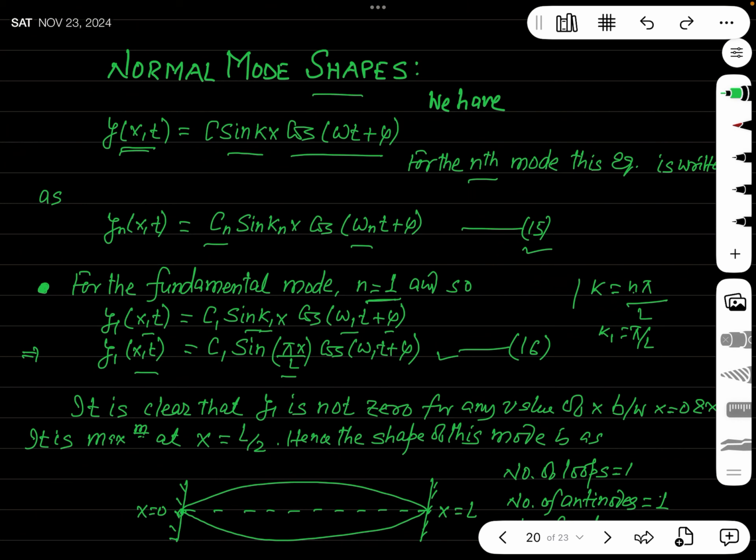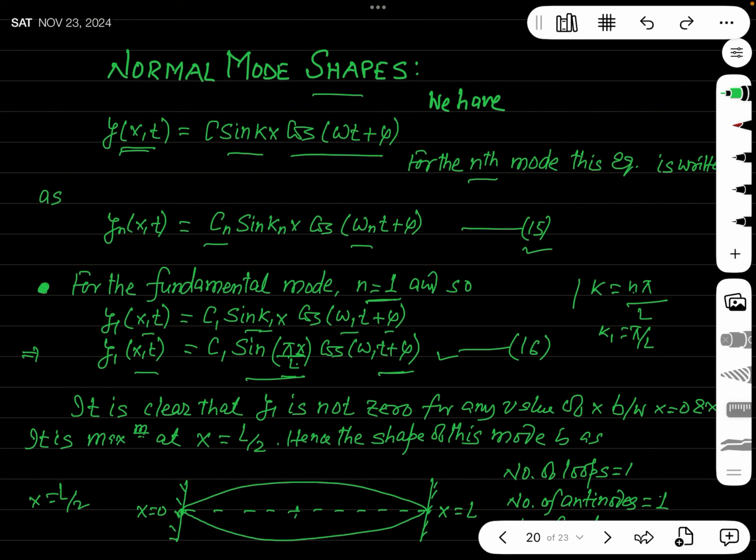But except at x equal to 0 and x equal to L, at any point between them, you can see from this equation that y cannot be 0. And when x is equal to L by 2, this will be sine pi by 2, which is 1, its maximum value.